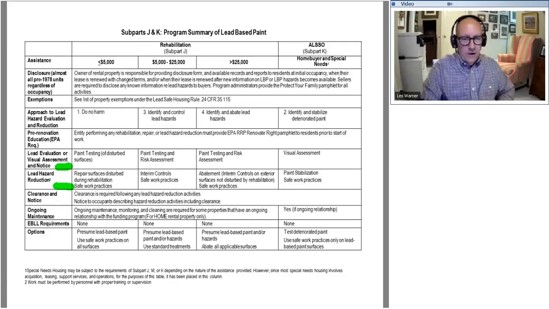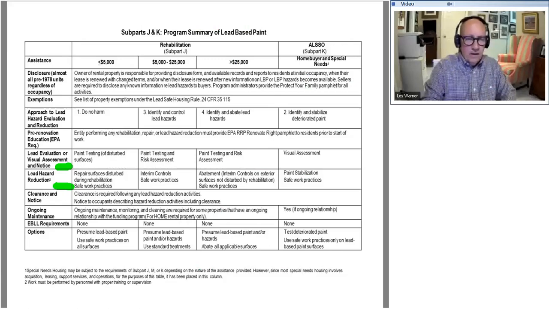You'll note on this chart, based on our amount per unit that we looked at the calculation on earlier, if we're less than $5,000, then we're going to be repairing surfaces, only those that are disturbed during our rehabilitation. We're always going to be using safe work practices as part of that.